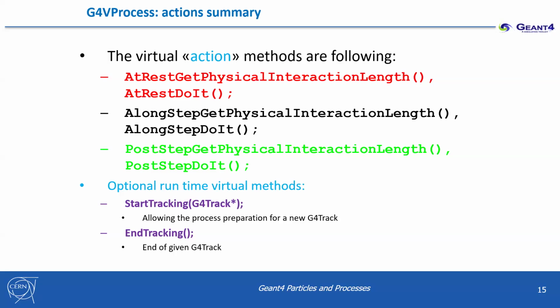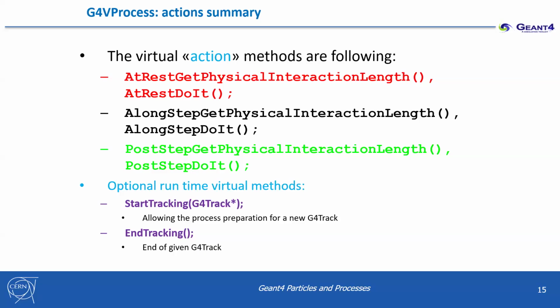If you prepare your own physics process, a new process, you should not forget about the existence of extra runtime virtual methods, which may be useful, but are not mandatory to be implemented.